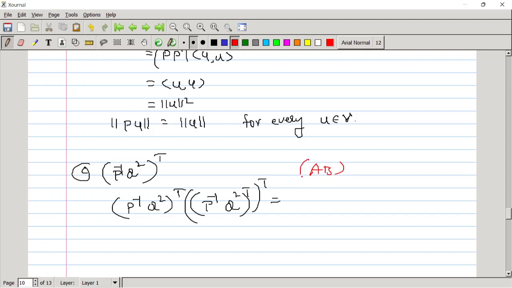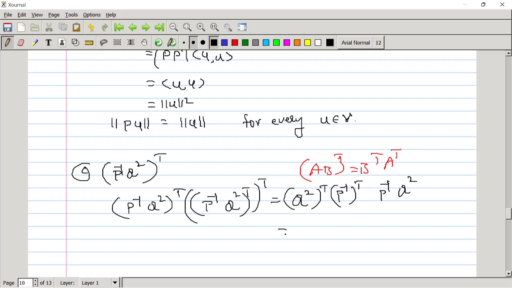AB whole transpose is nothing but B transpose into A transpose. So by using that property we can write this as Q square P inverse, sorry, Q square transpose, Q square whole transpose, P inverse whole transpose, and this is nothing but P inverse Q square.